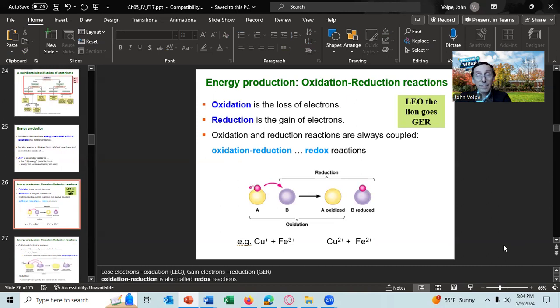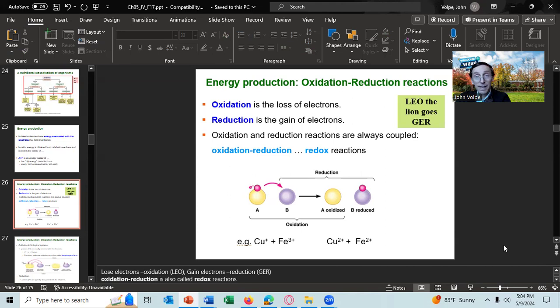When energy is produced in cells, cells produce it by oxidation and reduction reactions. Oxidation reduction reactions are always paired: one molecule or atom becomes oxidized and the other molecule or atom becomes reduced. Oxidation is the loss of electrons.